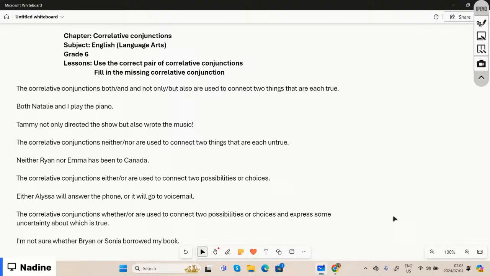Some of our subordinating conjunctions are words like because, unless, whereas, as soon as, since, as, while. Subordinating conjunctions are essentially parts of a complex sentence which has at least two clauses. That was subordinating conjunctions. Now we're going to do correlative conjunctions.